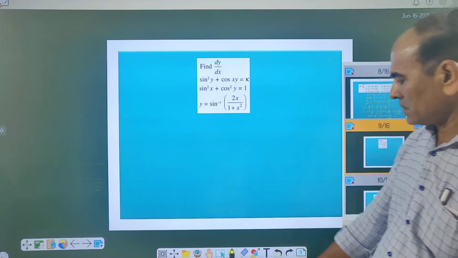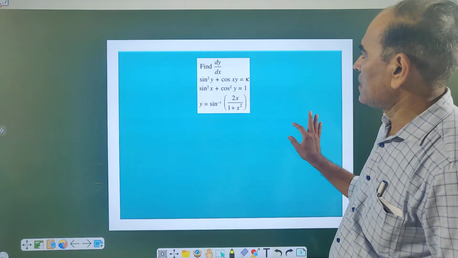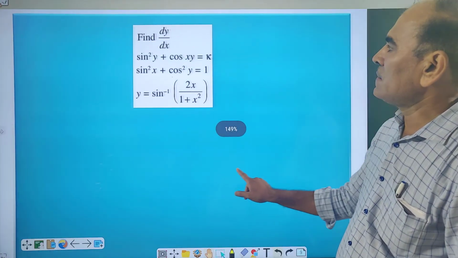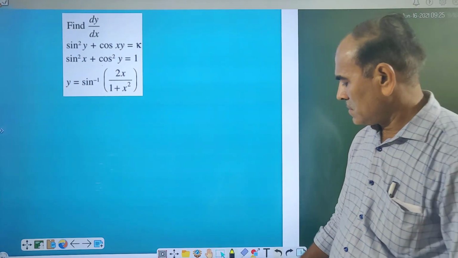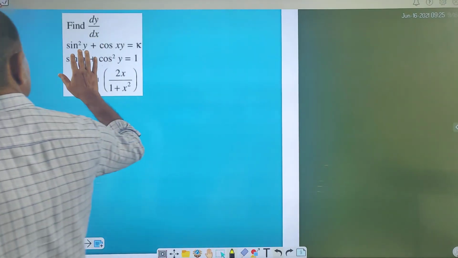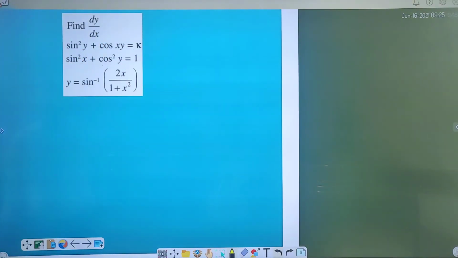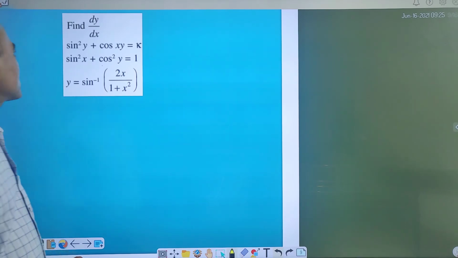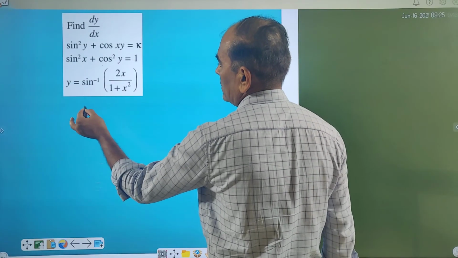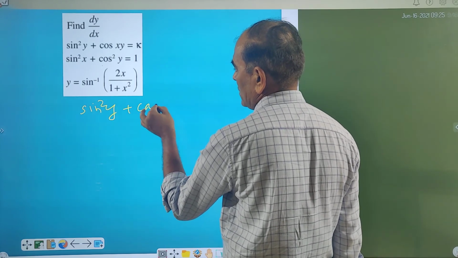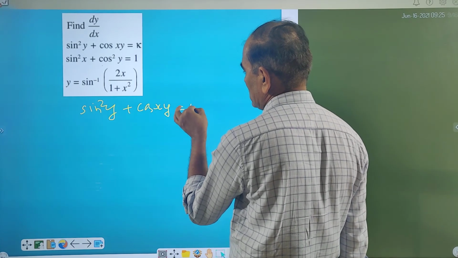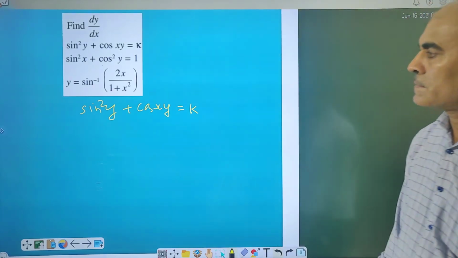See, here it is given that find dy by dx whenever sin square y plus cos xy is equal to a constant.